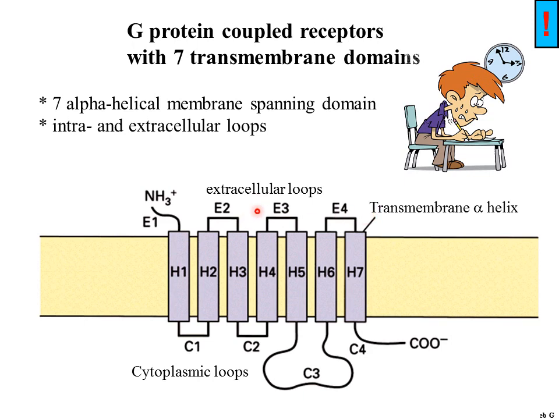They usually have their amino terminal in the extracellular space and their C-terminal or carboxy terminal on the inside. And because they go through the membrane and back again, come and go, come and go, it's like a snake, so they are also called serpentine receptors.